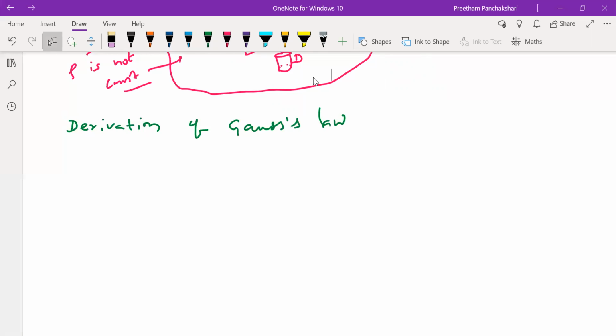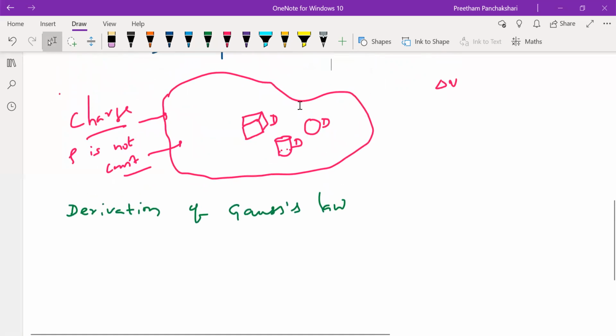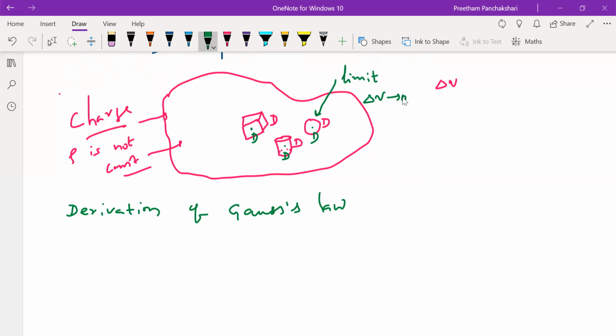After considering asymmetric charge distribution and applying this closed surface of smaller volume, we may finally get one equation to find D at a point inside that volume. If we consider the limiting case, that is the limit delta V tends to 0, then we may end up with an equation for D at a point.